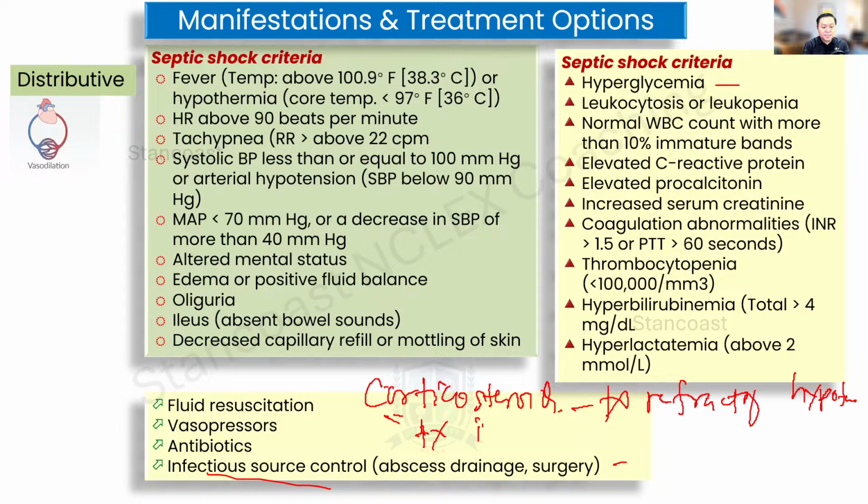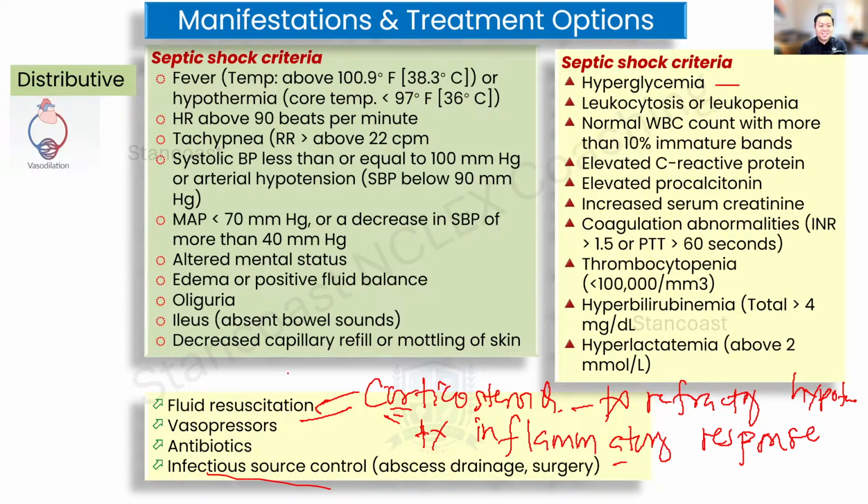Again, this is reserved for those patients that are not responsive to the vasopressors, not responsive to the fluid resuscitation. So they're going to have the corticosteroids as an add-on to their treatment.